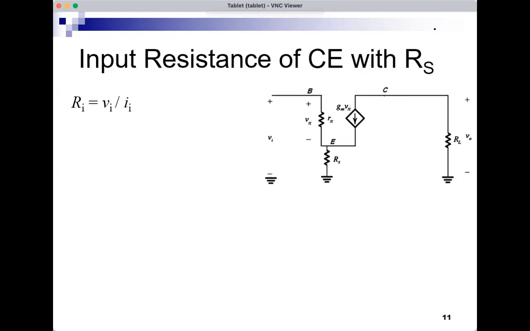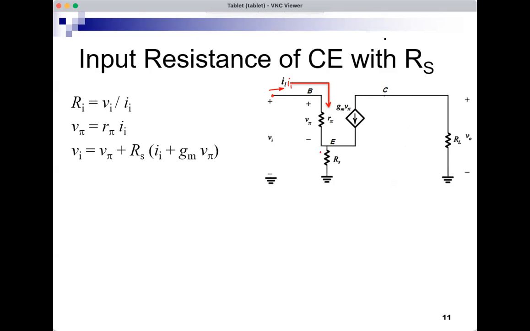The input resistance of common emitter when there is an RS. So we need to find Vi over Ii. V pi is r pi times Ii, and Vi is V pi plus the current in RS times RS.